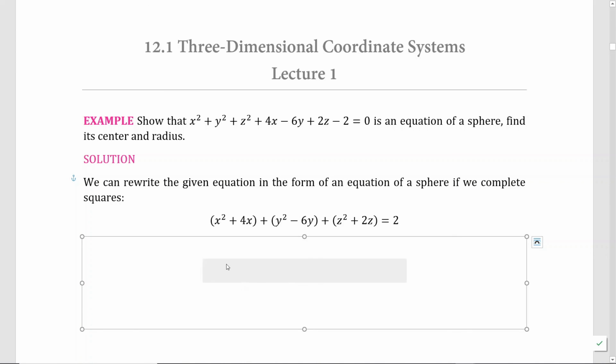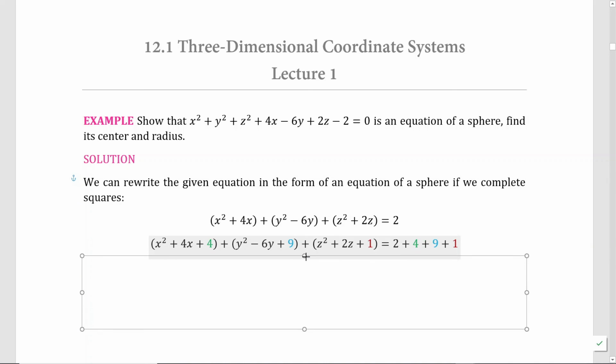Now to complete the square, for the first group, we need to add a number. For example, the number is 4. So we add 4 to both sides of this equation. Similarly, to complete the square in the second group, we need to add 9. And to complete the square for the third group, we need to add 1 to both sides of this equation.